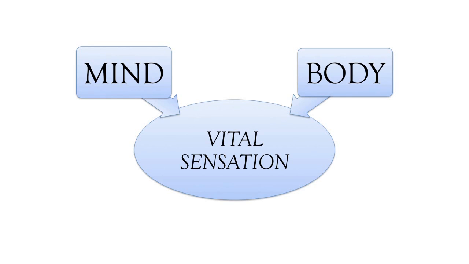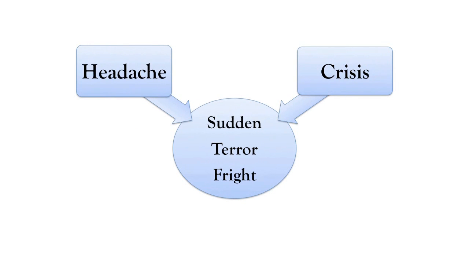Sensation is that which is common to mind and body. And what is it in her case? Let's have a look. So we see here both the headache and all the crisis situations in her life, the experience is, it is sudden, there is terror, and there is fright.